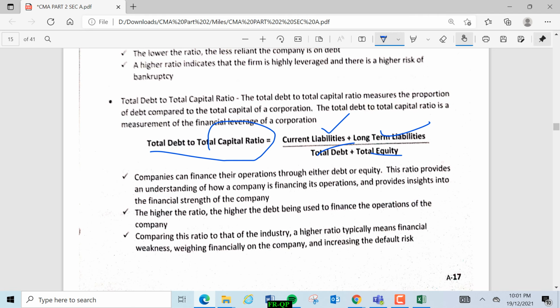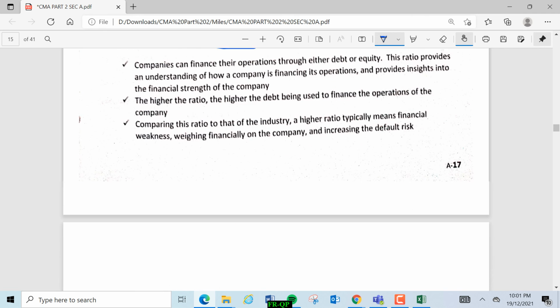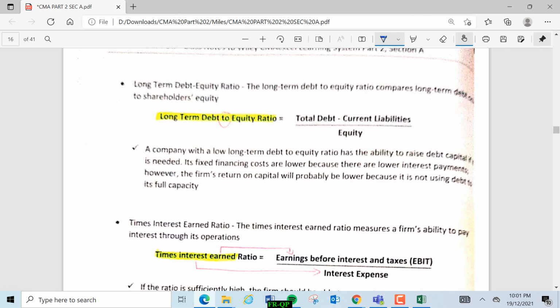Because when we say capital, total capital includes the own fund plus borrowed fund. When we say own fund, it means the equity, when we say borrowed fund, it means the total debts.